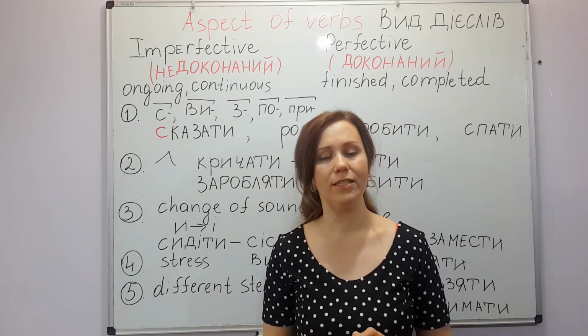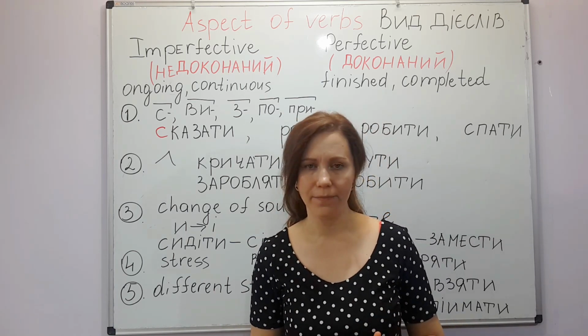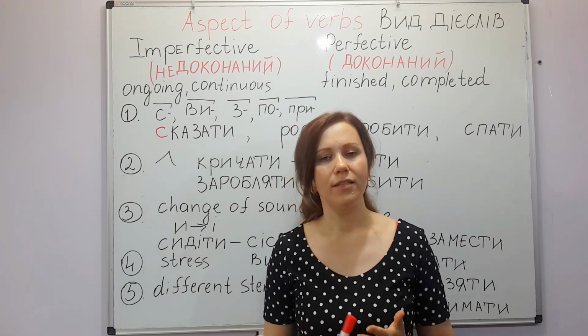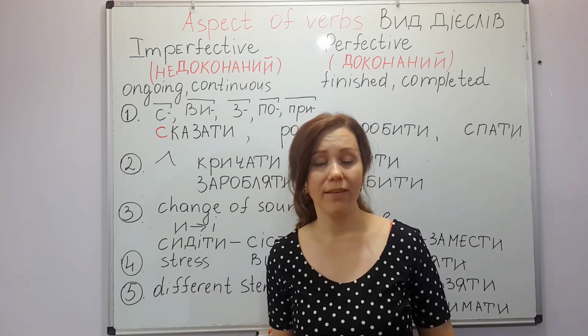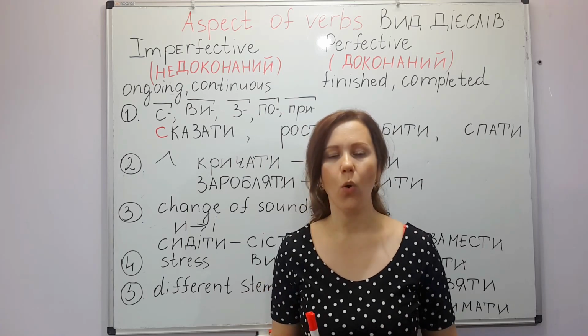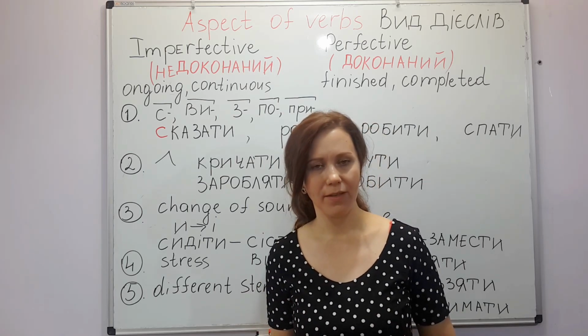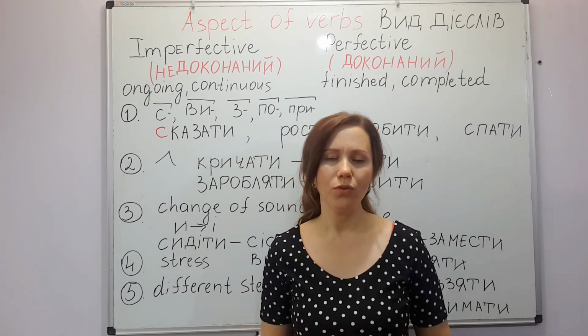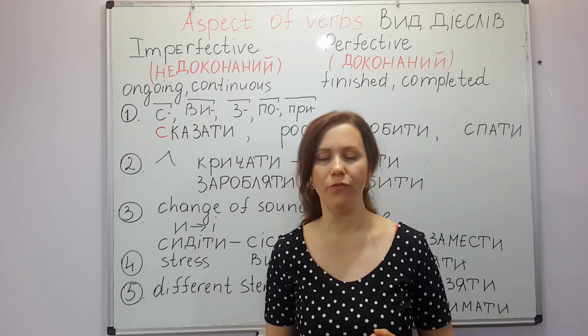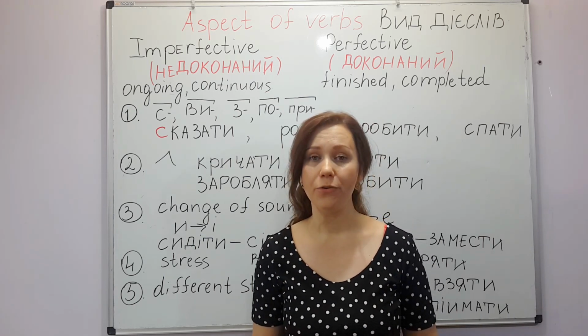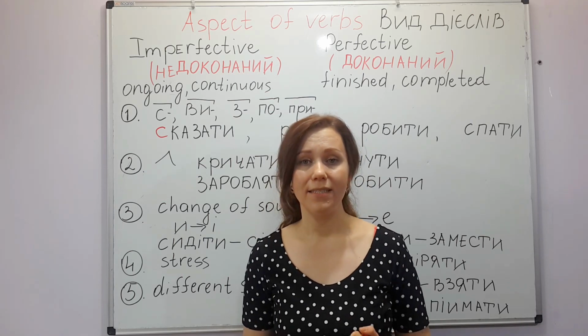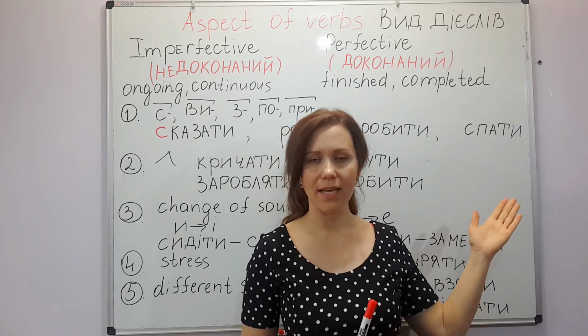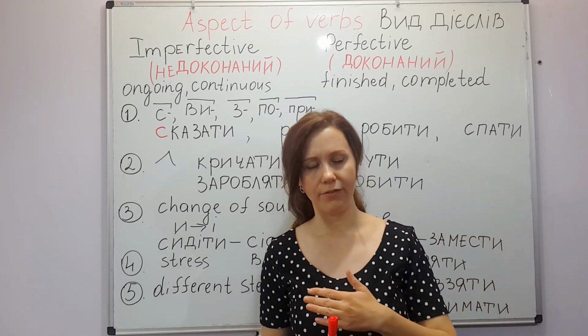So, where do we take these verbs from? First of all, it's good to have a good dictionary, and to find in the dictionary whether the verb is perfective or imperfective. But there are also some rules. If you don't have a dictionary, you can create perfective verbs out of imperfective verbs.